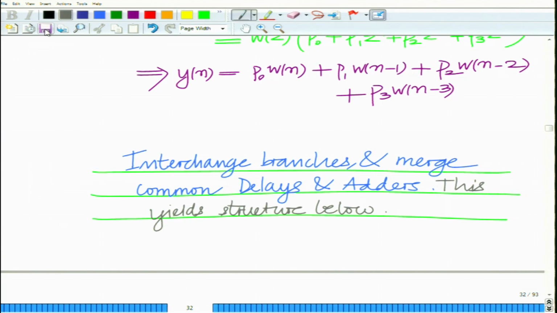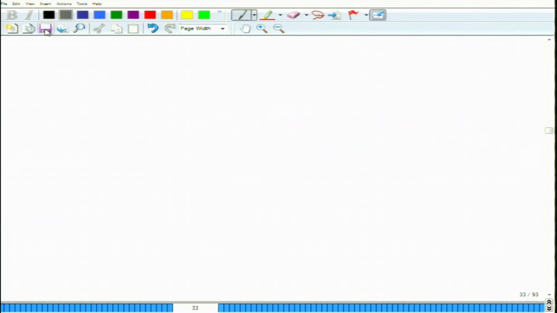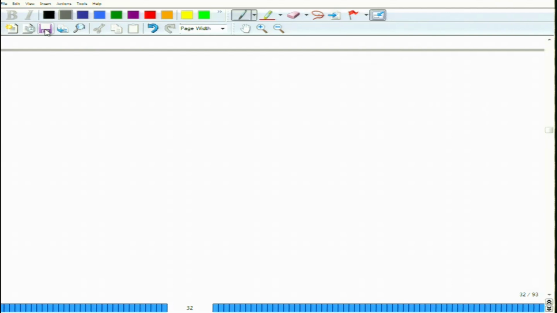This yields the structure that is shown below, and you can derive this. I am not going to explicitly show the steps, but you can do this as an exercise.